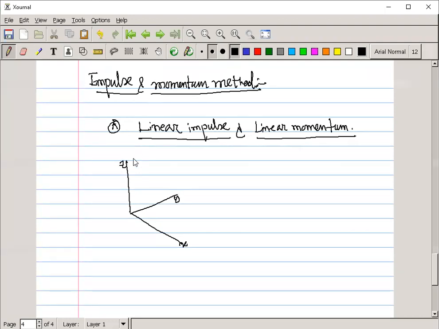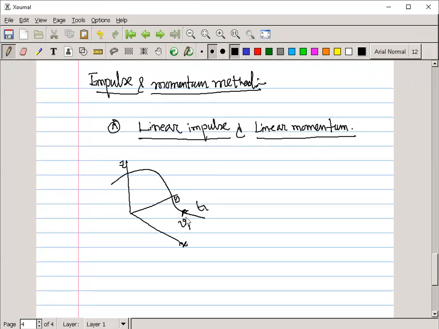x, y, and z, then consider similarly to the previous one, a curve we are talking about, right? Now consider that at this point the particle velocity is v1 at a time of t1, and this is the path.